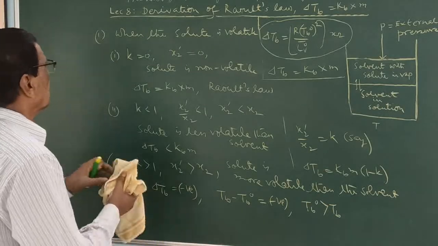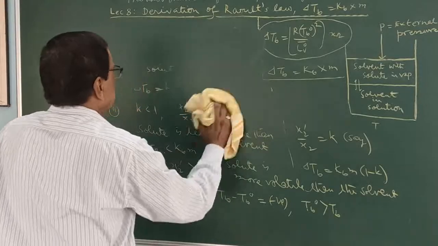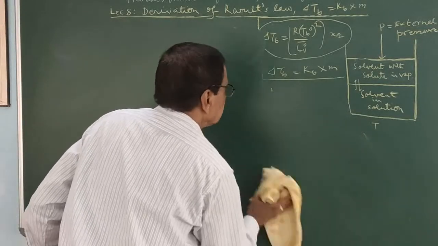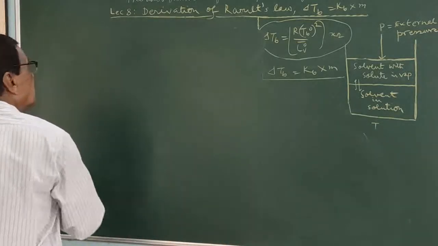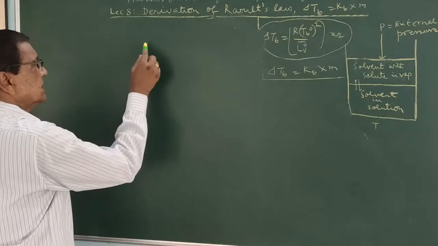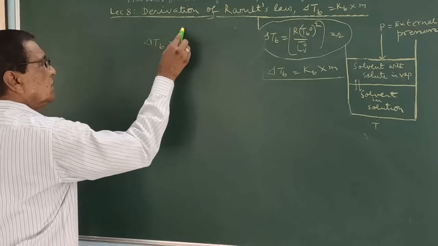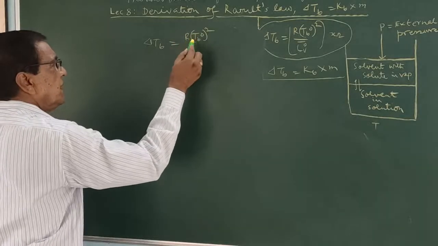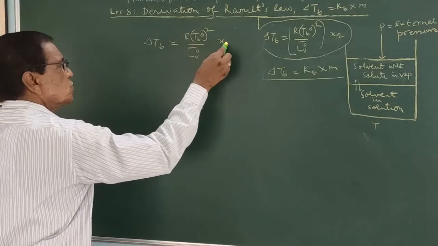Then the second aspect now. This delta TV equal to R TV naught whole square divided by LV naught bar into x2.